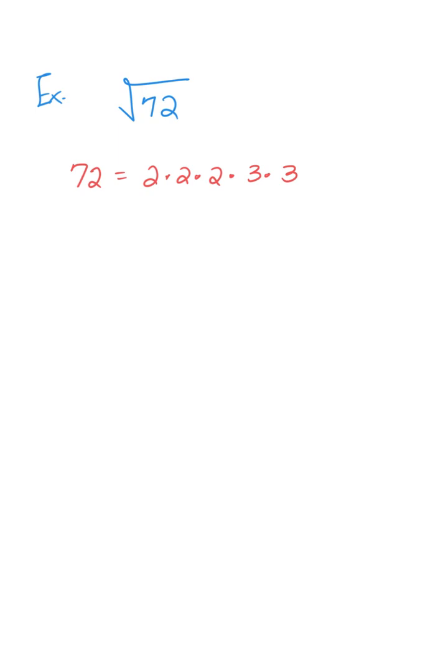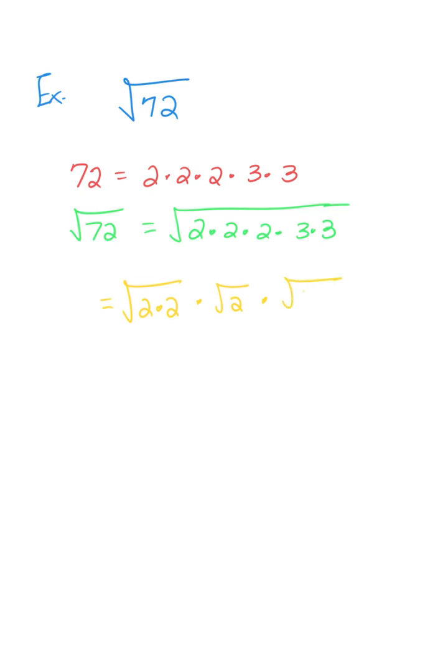So the square root of 72 equals the square root of 2 times 2 times 2 times 3 times 3. I wrote it a different way: the square root of 2 times 2 times the square root of 2 times the square root of 3 times 3. I did this just to show the pairs. You don't have to write it that way. I was just showing you what goes together.